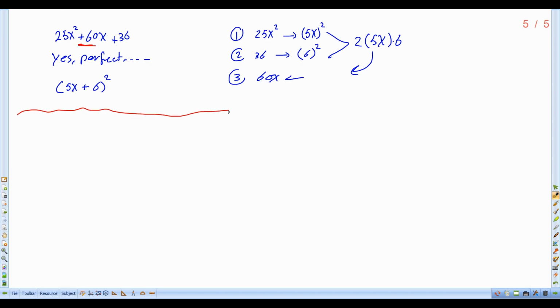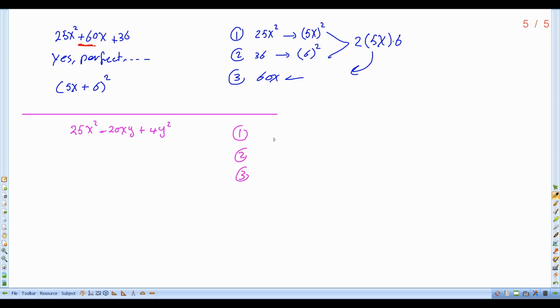Okay, another example: 25x squared minus 20xy plus 4y squared. First, we will answer the 3 questions.